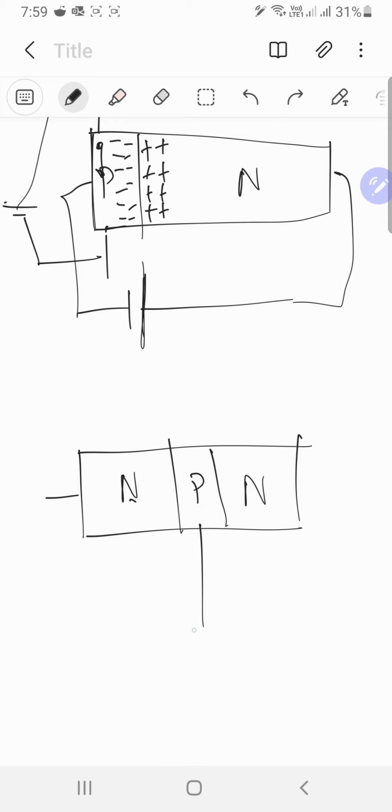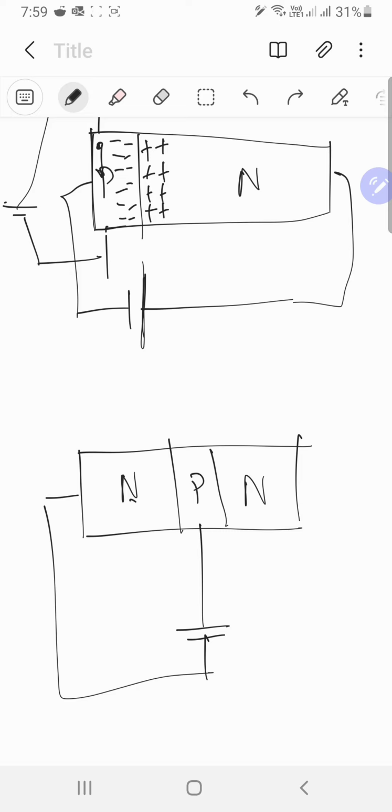Just forward bias this junction. So if we do this, there will be current flowing through this region. And all the electrons in this N region will migrate to P for that current to flow. So in this case, all of the electrons from this N region are jumping into P. So we have electrons in P, right?